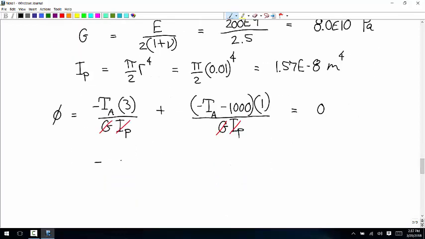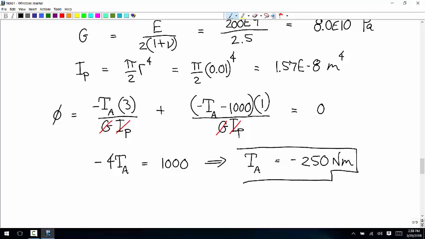And so you get minus 4 T sub A is equal to positive 1,000, and so T sub A is equal to negative 250 Newton meters. Now plug that back into equation star, the thing we got from the statics.